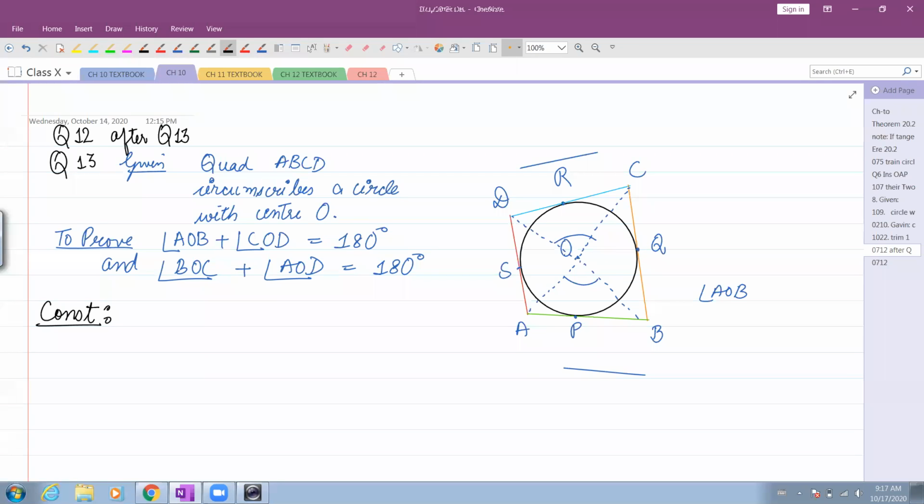I would like to join the center to all the points of contact that I can see here. So there are 4 points of contact. I'm going to join the center with all of them. Let's join O with S, O with R, O with Q, and O with P.